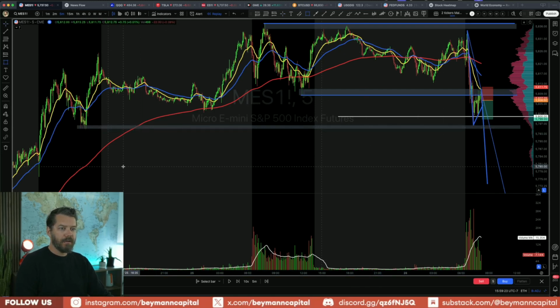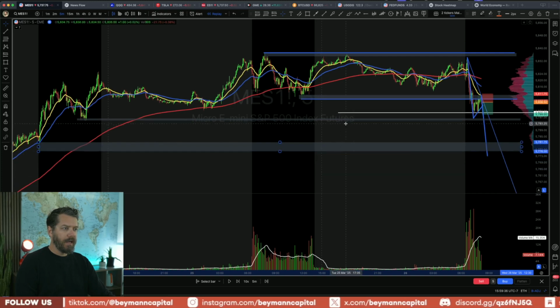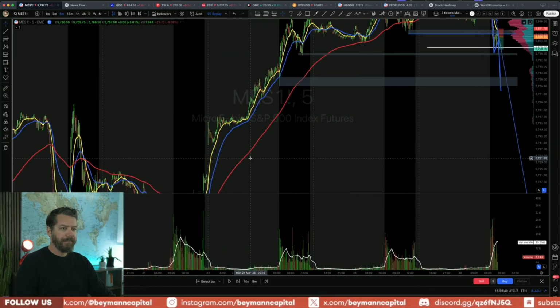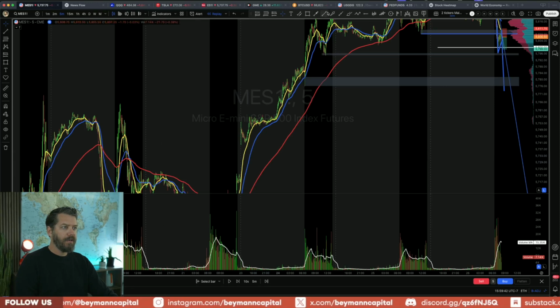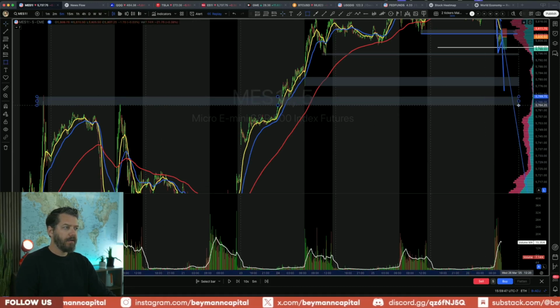Then we see a second one right there with a long bottoming tail. So in that case, I take from the wick up to the body. That's another. And while we are at it, let's go back even further. And we see that we have here another one.